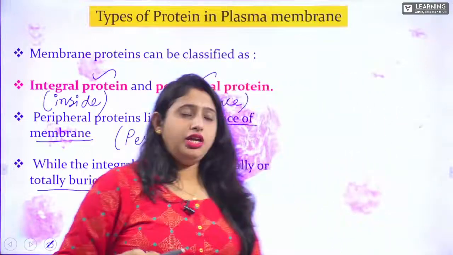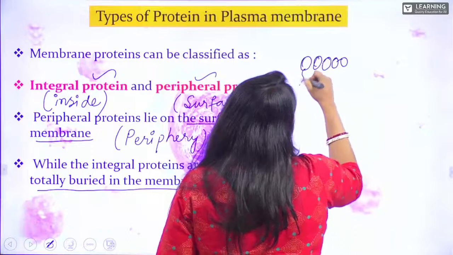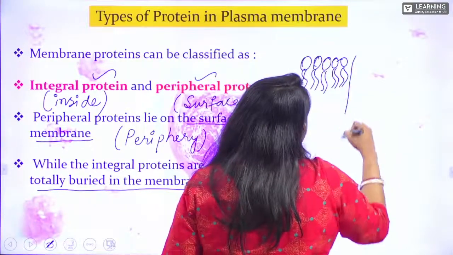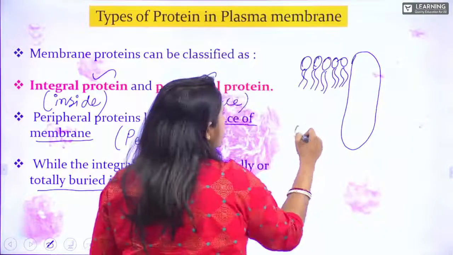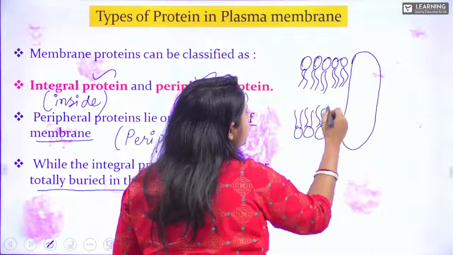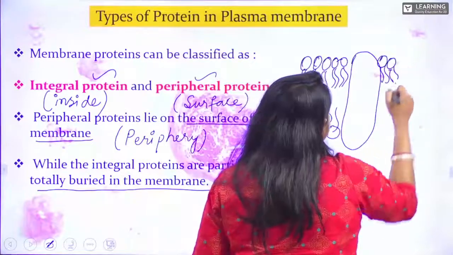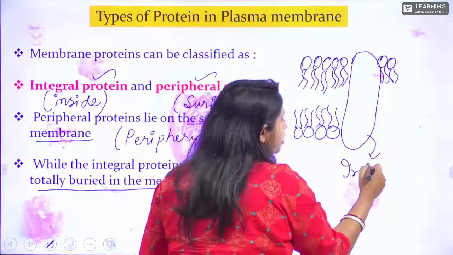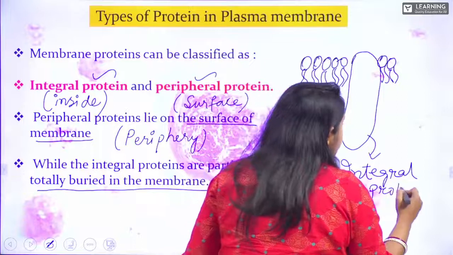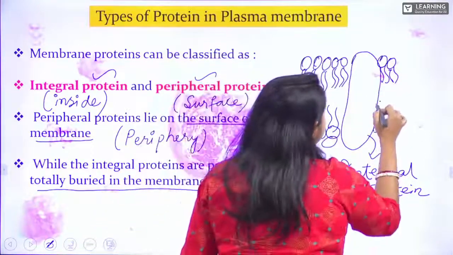So as you have seen, there are two types of protein. So this is how the plasma membrane looks. These are the integral proteins, which are totally buried inside, right? And here you will find some proteins lying on the surface.